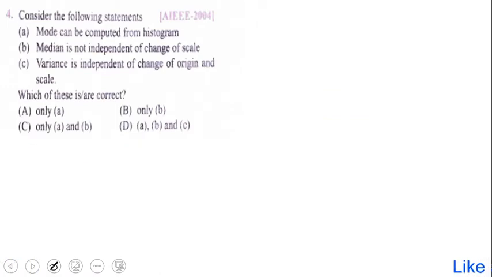The question is: consider the following statements. A, mode can be computed from histogram. B, median is not independent of a change of scale. And C, variance is independent of change of origin and scale. Which of these are correct here?